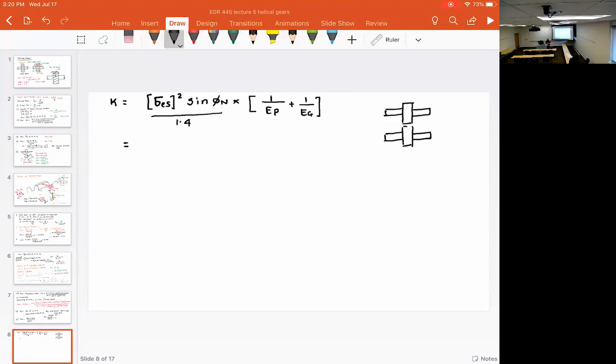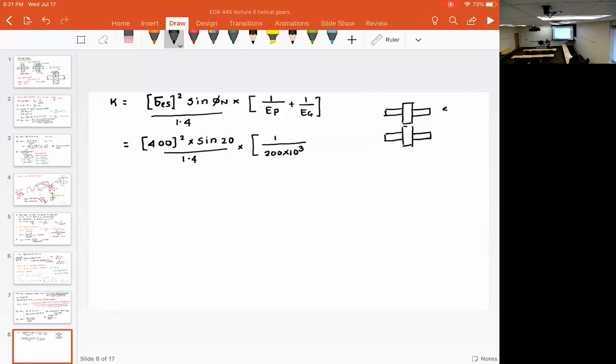Unit strength, sigma ES, is 400 squared, sine, the pressure angle is 20 degrees, divided by 1.4, multiplied by, it's steel, so 200 times 10 to the power 3.